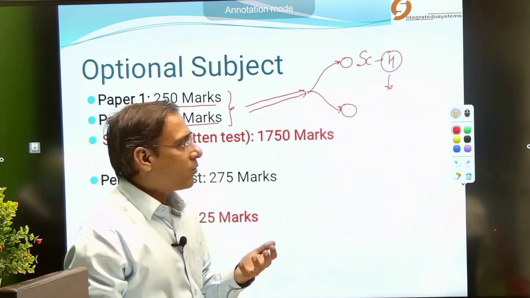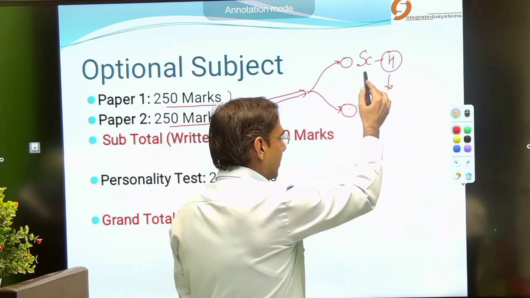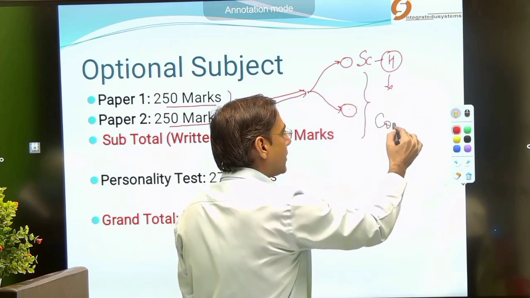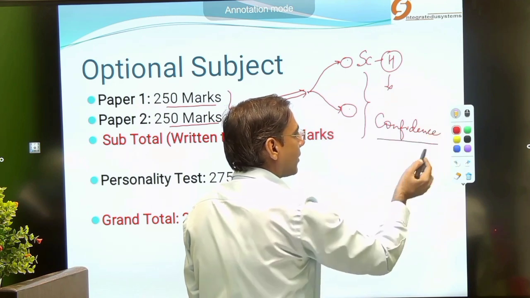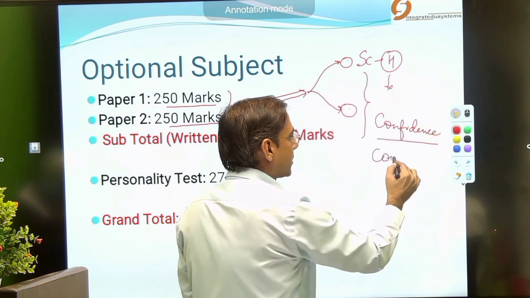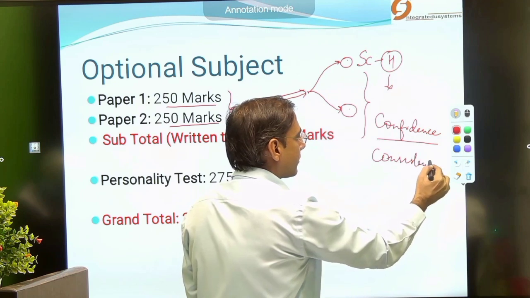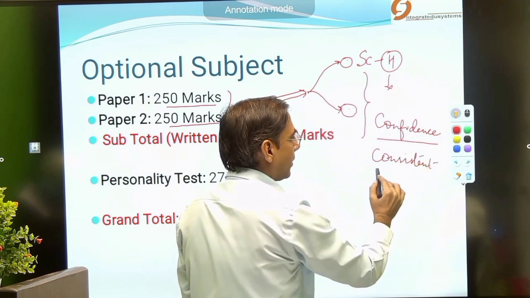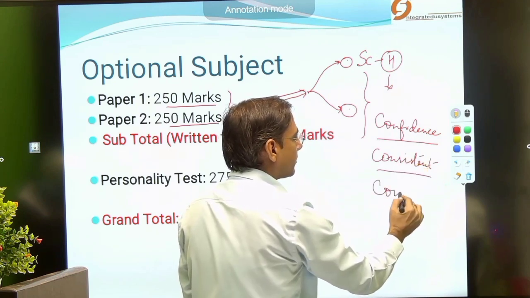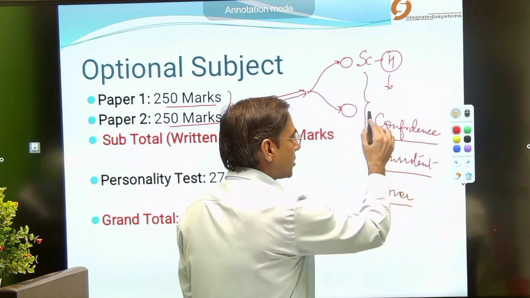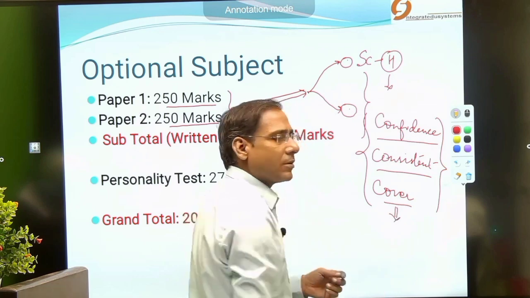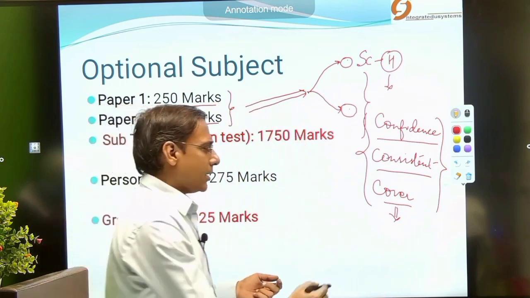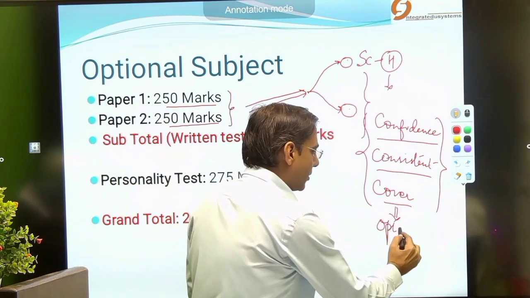So what is required is confidence, consistency, and covering the syllabus holistically, and then you can definitely crack any examination. You can opt for any optional paper.